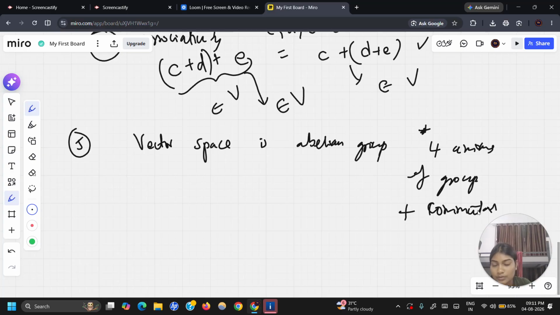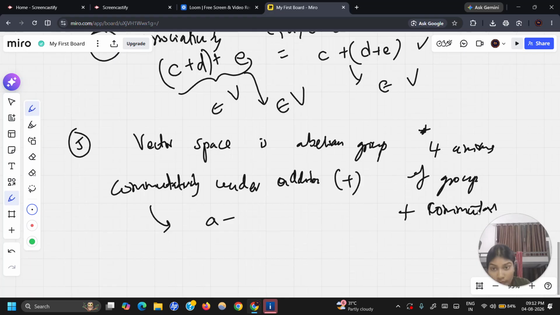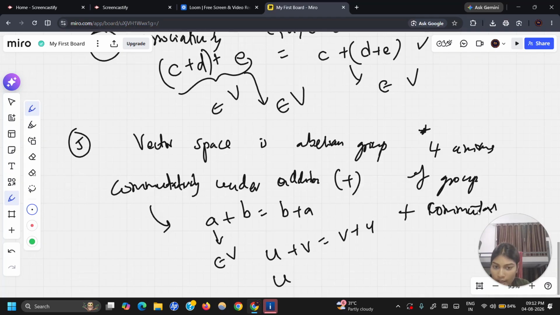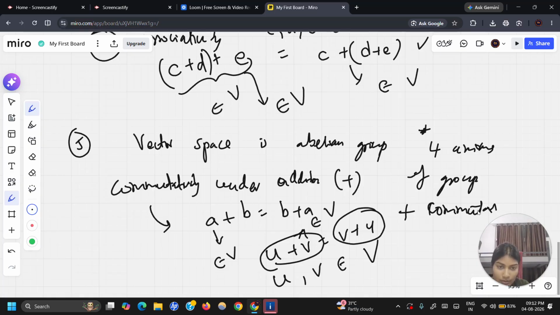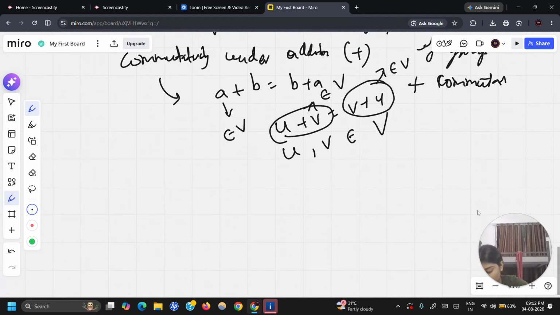So the fifth property we discuss here is commutativity under addition: a plus b equals b plus a, or u plus v equals v plus u, since we already consider u and v belonging to vector space V. The resultant also belongs to V, so we can say that it is commutative in nature.